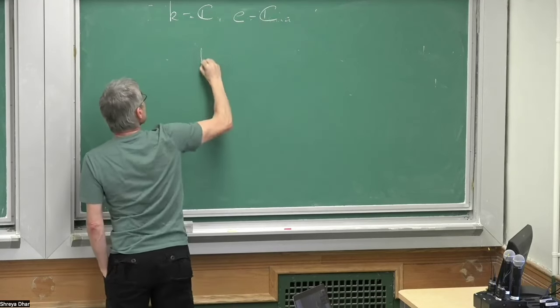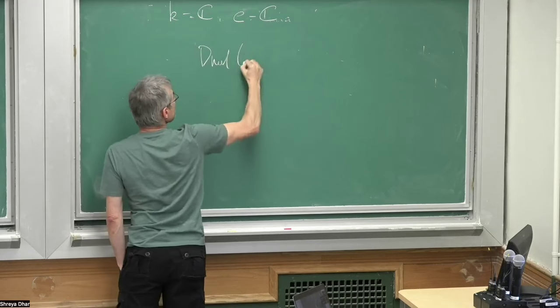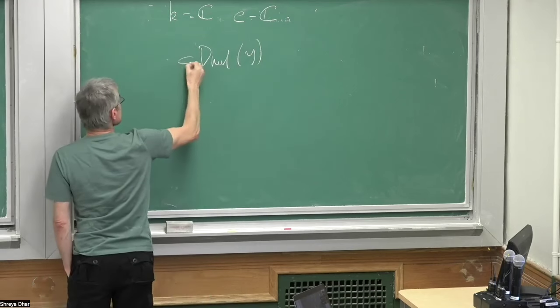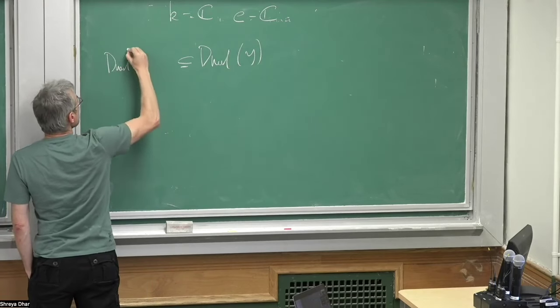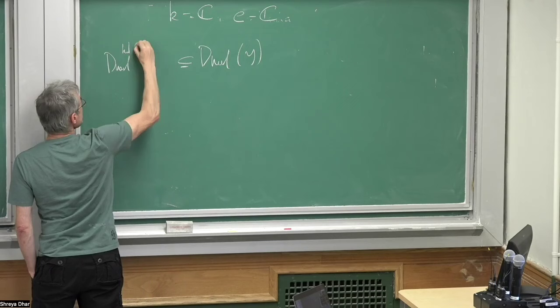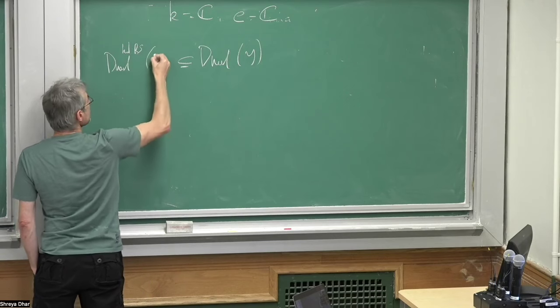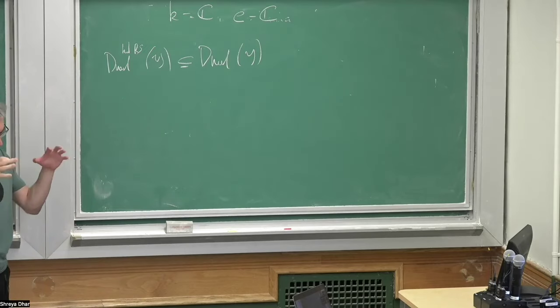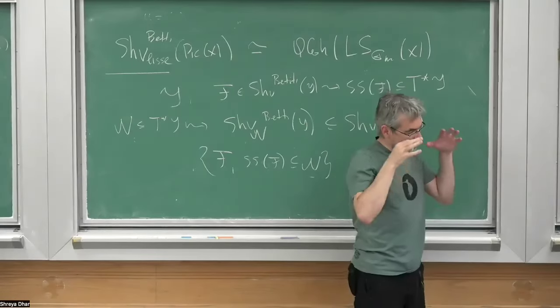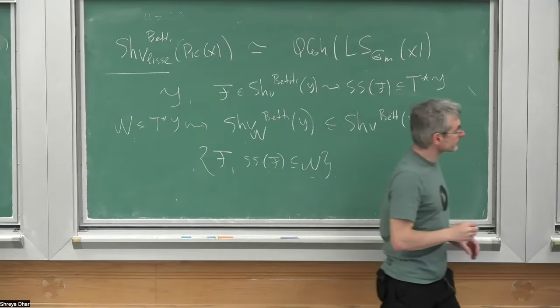So here we have D-modules on some given Y, and inside there is a very special subcategory of D-modules which are holonomic with regular singularities. It's some condition: D-module being holonomic means that it has the smallest possible size.